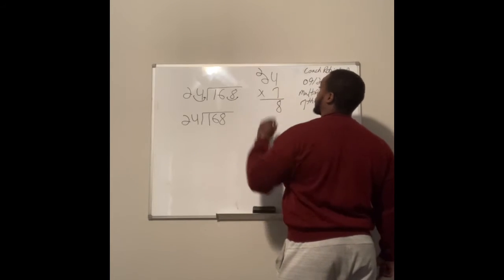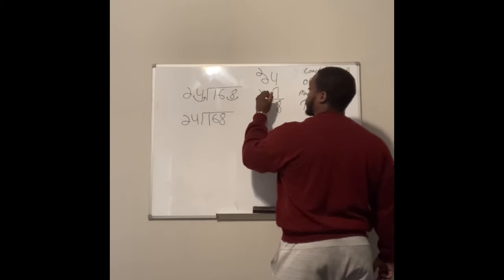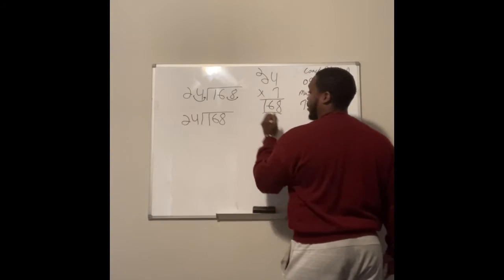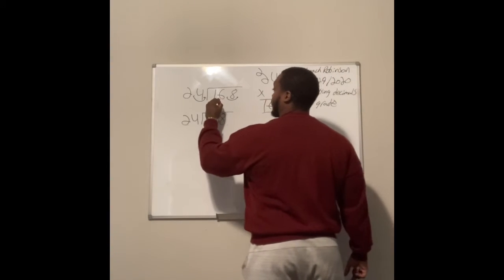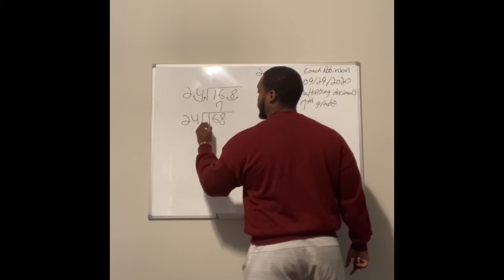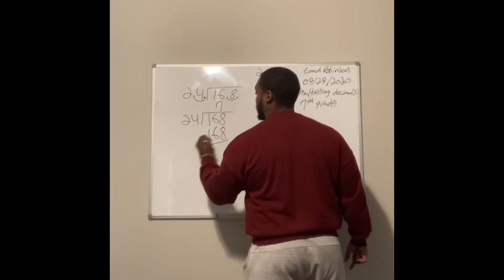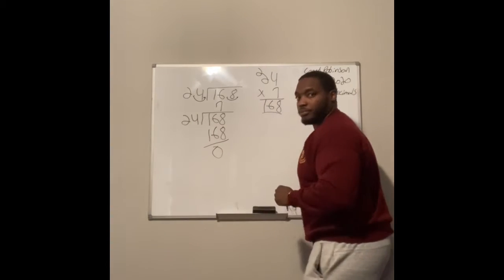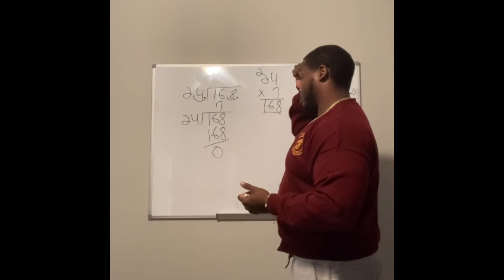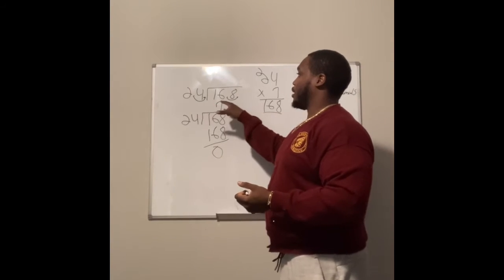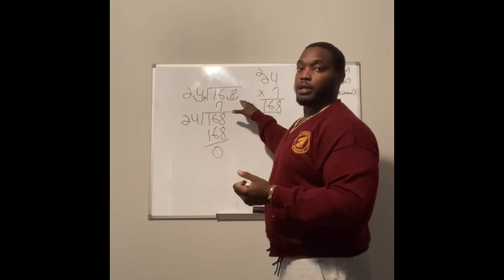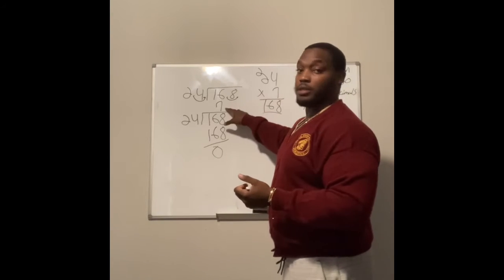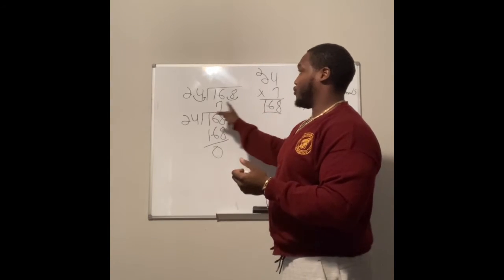Carry the 2. 2 times 7 is 14, plus 2 is 16. So that panned out. So the number is 7. 24 goes into 168 7 times, leaving 0. And again, if you put 2.4 and 16.8 into a calculator, you should still get the number 7, because all we're doing is moving the decimal places.